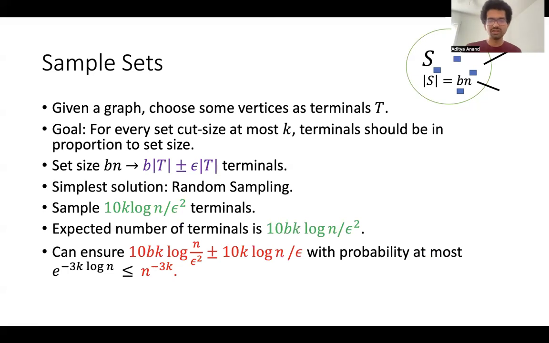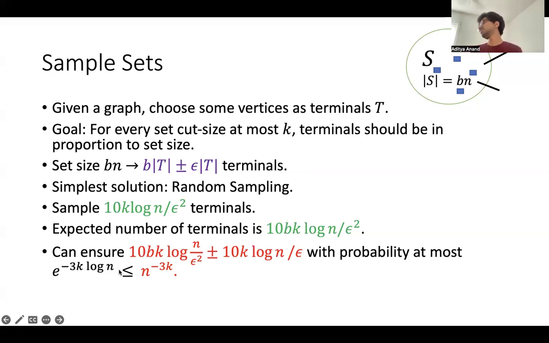But we can actually ensure that the additive error is at most epsilon times t, and the probability that this is not the case, that the number of terminals is outside this range, is at most e to the minus k log n.